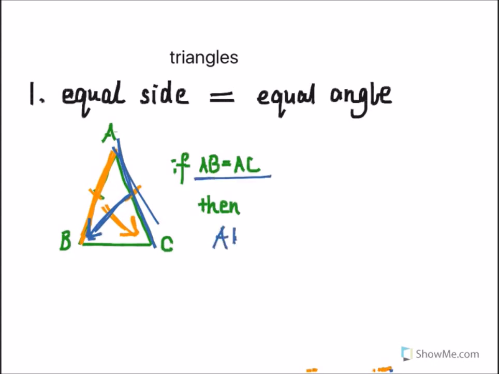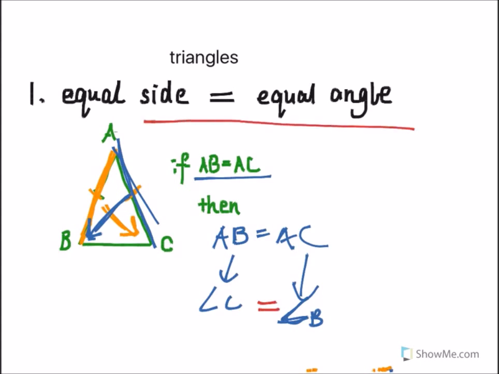Because AB equals AC, and AB corresponds to angle C, and AC corresponds to angle B, it is true to say that angle C equals angle B. So that's what I mean by equal side equals equal angle.